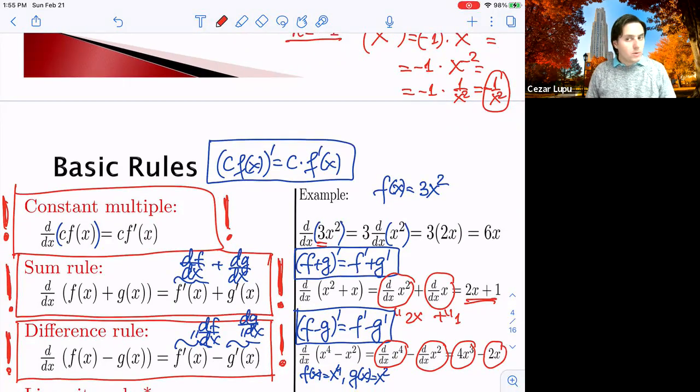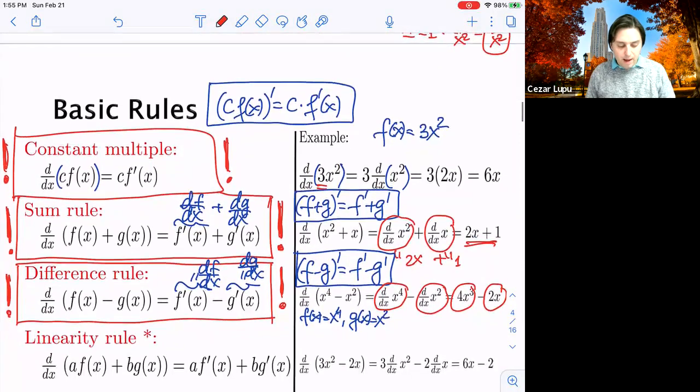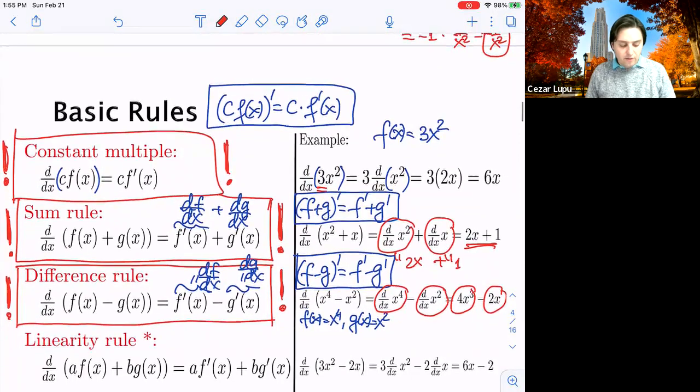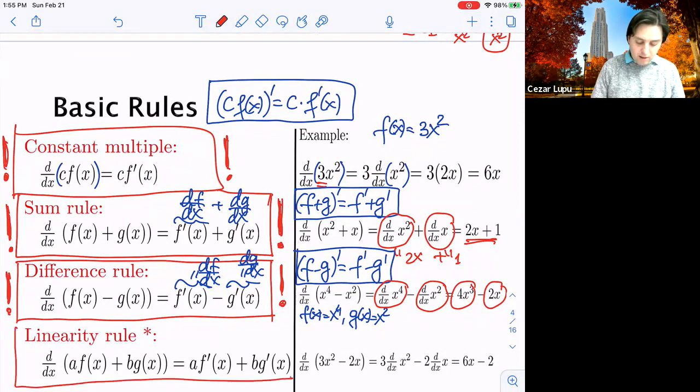All right, now let's combine the first two rules, and we will have what we call the linearity rule. It's nothing else than just a combination of the first two. Now, why am I saying this?